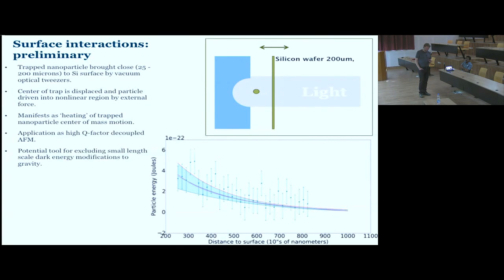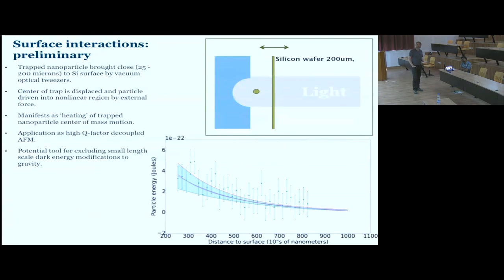But you can also do it with the same particle. It's very similar to an AFM, but now the particle is levitated. So one of the ideas is to scan this surface in an XY direction, and by measuring these forces, you could make a 2D image of the topography, like in an AFM.